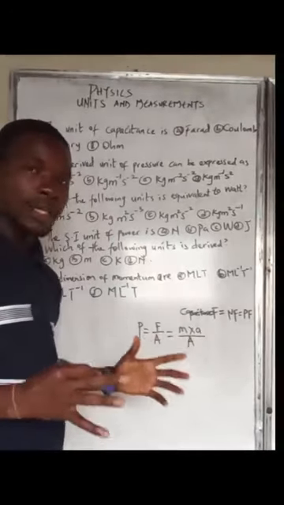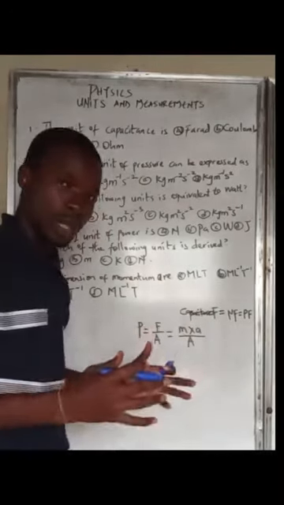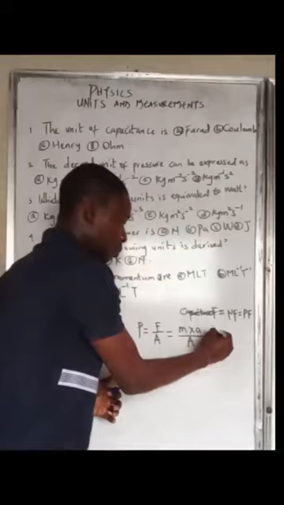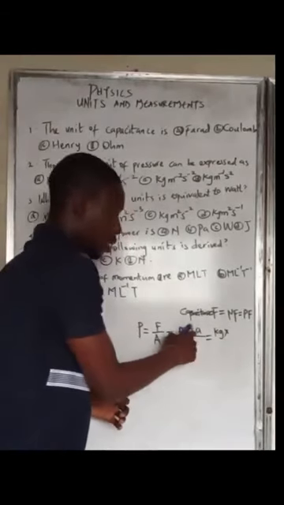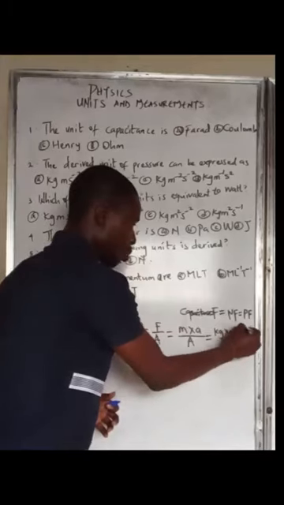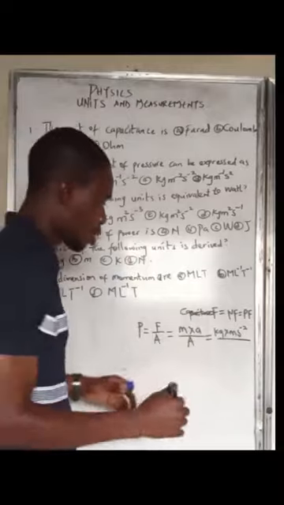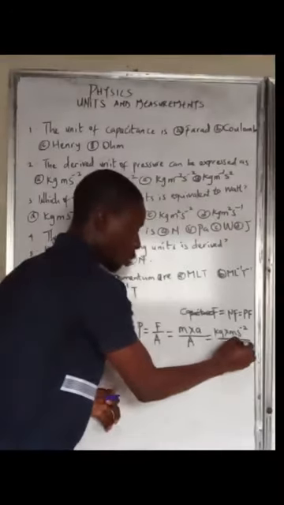Now we need to analyze this because mass is measured in kilogram, acceleration is measured in meter per second squared, and the area is measured in meter squared.